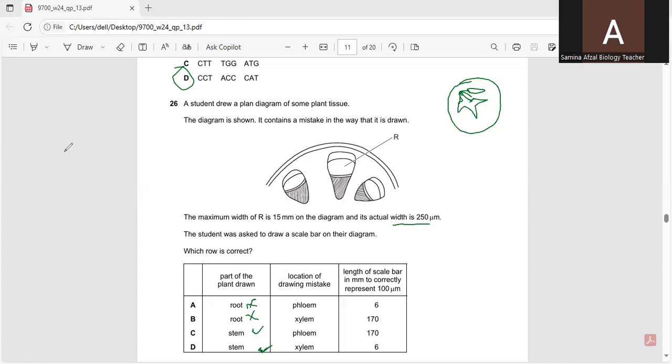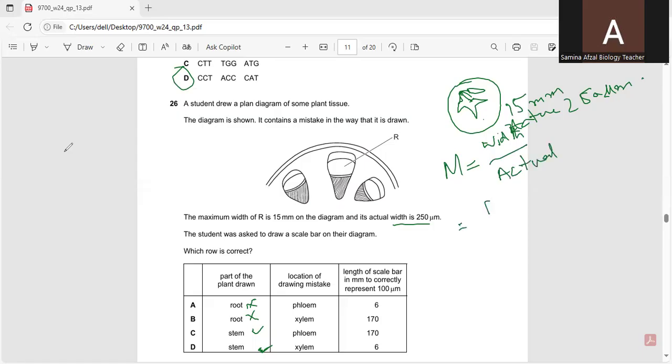So magnification is equal to width, maximum width is 15 millimeters, and actual length is 250 micrometers. So first of all, we will determine the magnification, which will be equal to width over actual.